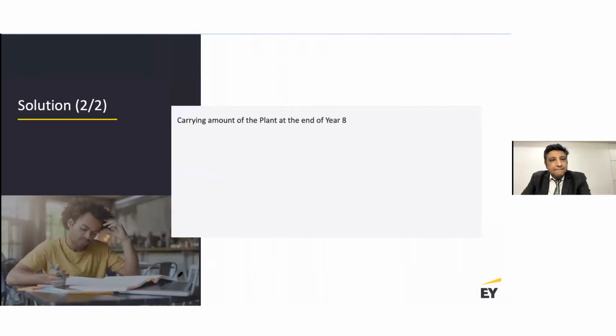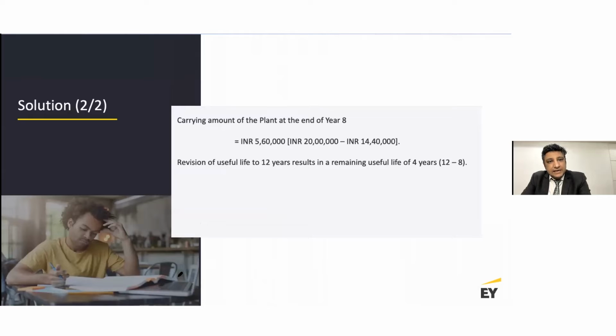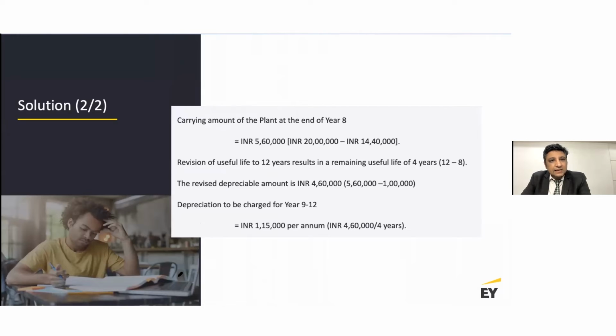And then the carrying amount, of course, is calculated 5 lakh 60,000 rupees, because the remaining life is also changed to 4 years now, which means that the revised depreciable amount is 4 lakh 60,000 rupees, and my annual depreciation will be calculated at 1 lakh 15,000 rupees. All right. Thank you very much.